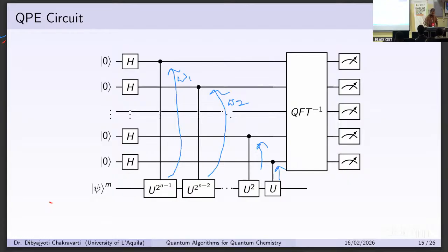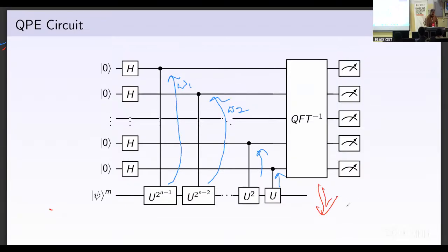Next, this basically brings back the omegas from the Hadamard basis or the Fourier basis to the computational basis.